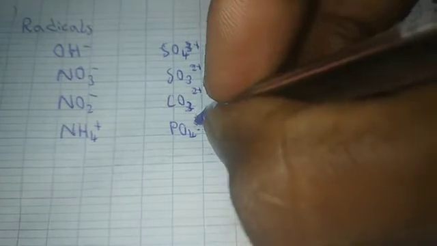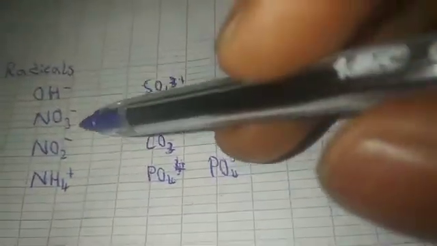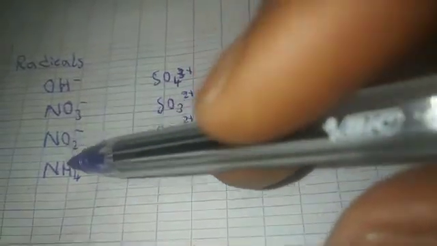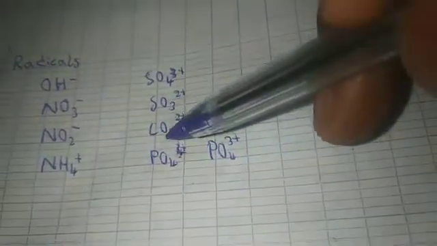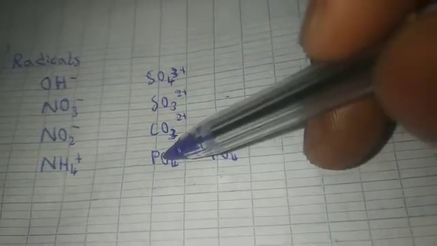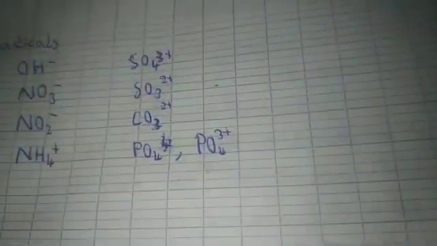I think actually this is 4 plus. Yeah, 3 plus. So that's the radicals. The non-radicals: hydroxide ion, nitrate, nitrite, ammonia, sulfate, sulfite, carbonate, phosphate, and phosphite. And again, they're just ions that exist on their own.